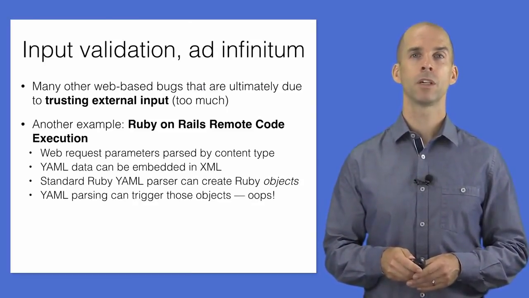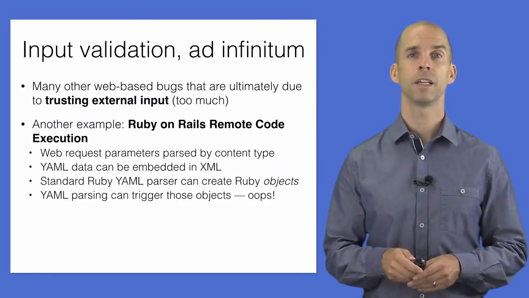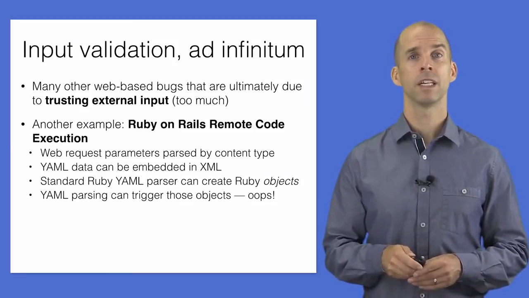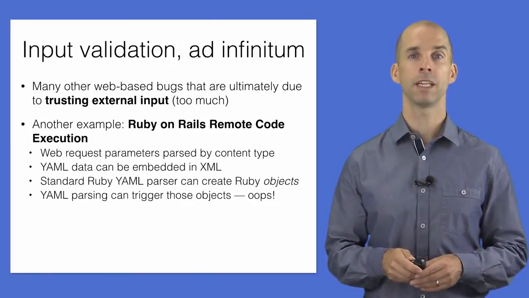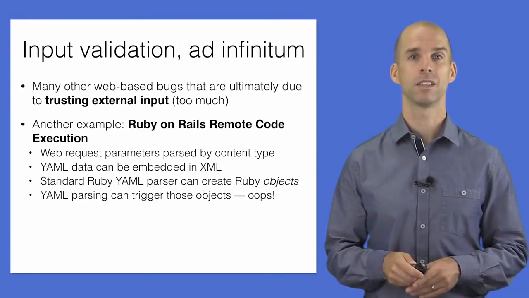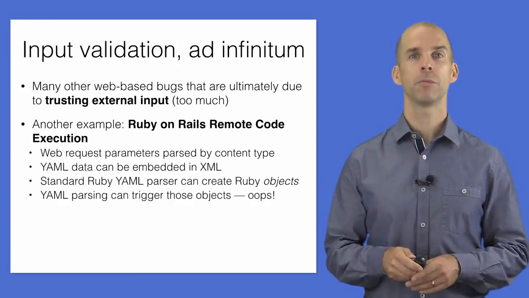With a little work, the decoder can be made to invoke the code of the objects it has just decoded. This means that an attacker can send a carefully crafted message to any Ruby on Rails application and get it to run code on the attacker's behalf. Whoa. Once again, the problem here is accepting input without validating it.